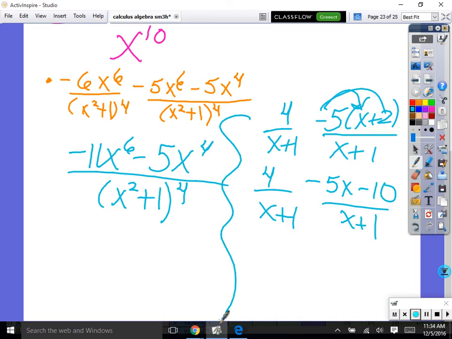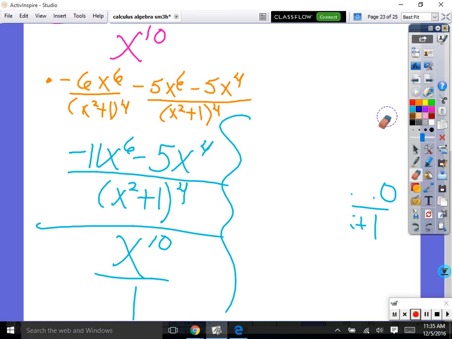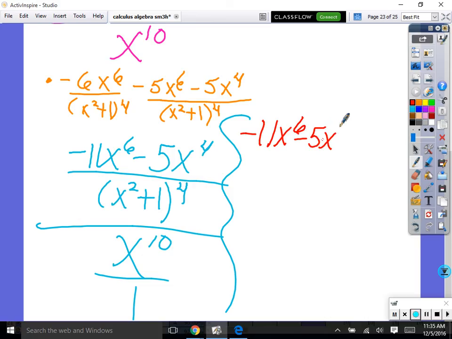We're not done. So that's all divided by x to the 10th. We're almost there, guys. So we know now, because we have a fraction divided by a fraction, dividing fractions is easy as pi. We flip the second one and we multiply. So right here we have negative 11x to the 6th minus 5x to the 4th over x squared plus 1 to the 4th.